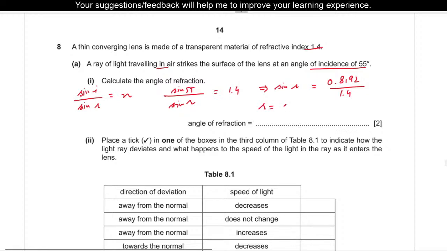So r will be equal to sine inverse of 0.8192 over 1.4. So let's calculate it. It comes out to be 35.8 degree.